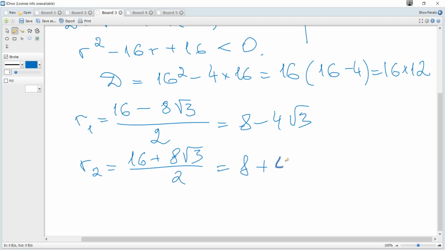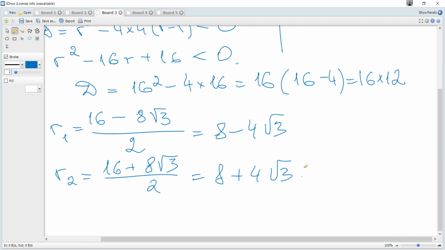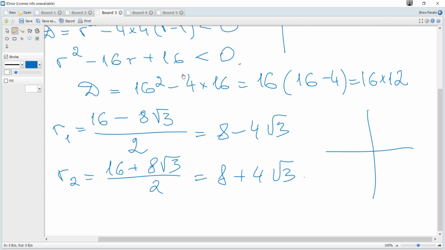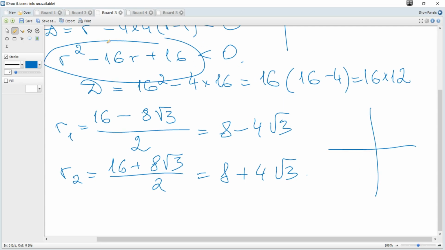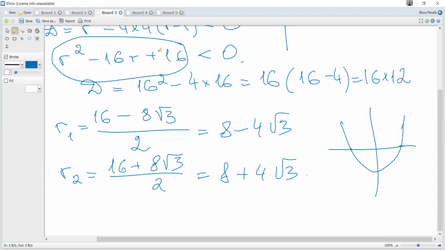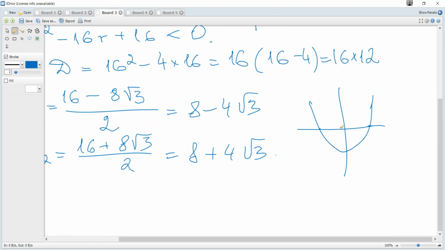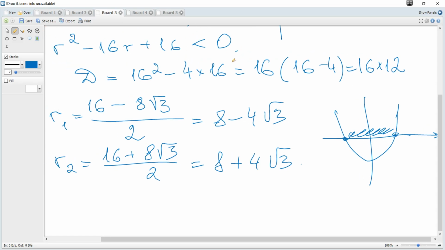so 8 plus 4 root 3, and again it's a concave up parabola because this coefficient is positive, and there are two roots, and we need values. Y values should be negative, and they are negative between two roots, and we need strictly negative.